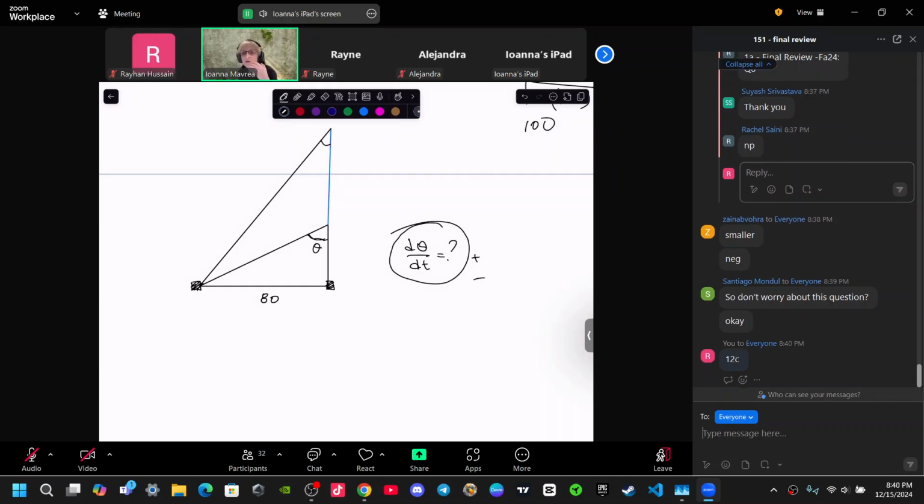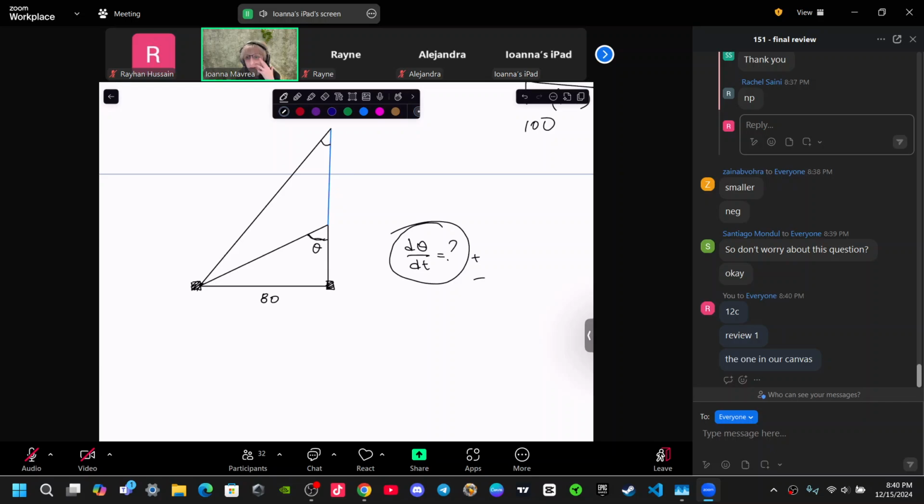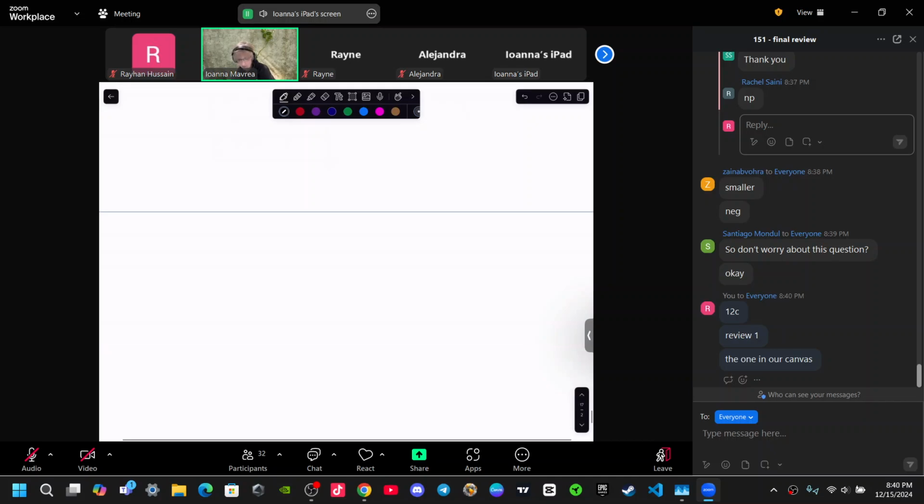So 12C in the all sections thing, right? Is that the one? Is there a 12? Oh, there's a 12C. Review 1. Yes, so review 1. That's the same one as the all sections. So 12C looks like this.